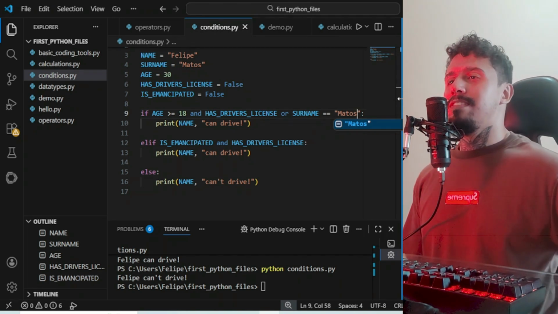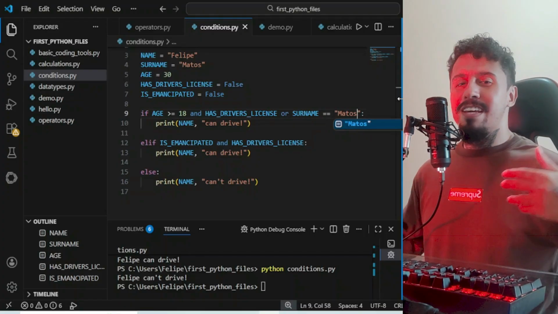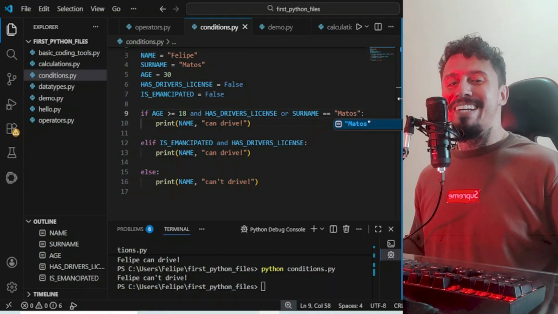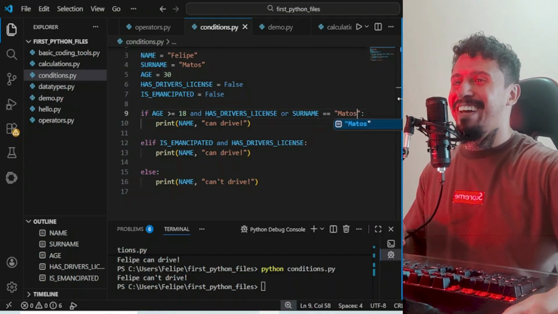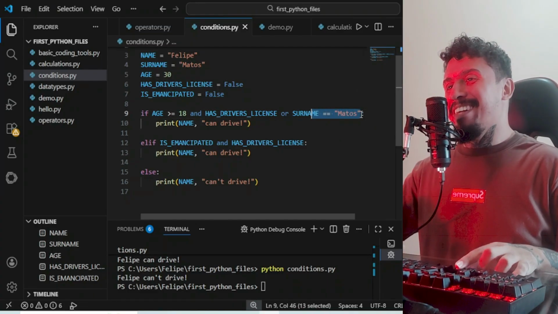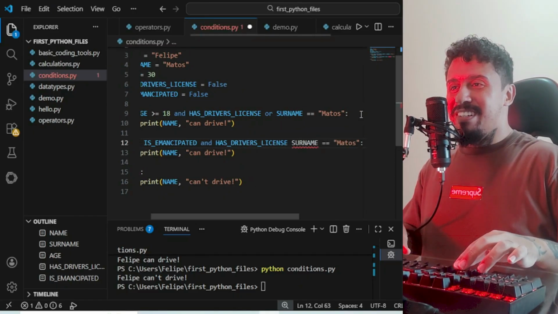So everyone that is part of this family can do what they want above the law, you know? Hypothetically speaking, obviously. I don't have this kind of power. But anyway, let's evaluate this OR operation here.